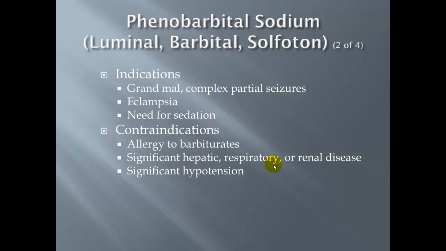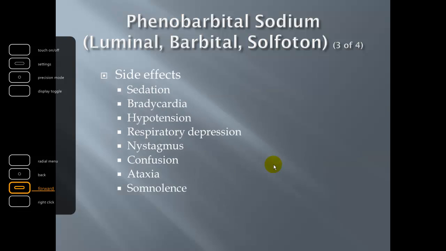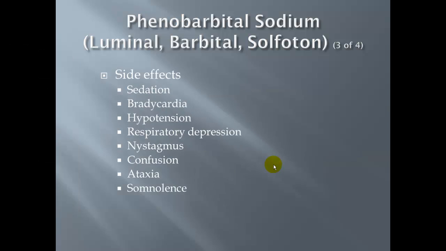Indications: grand mal or complex partial seizures, eclampsia, need for sedation. Contraindications: allergy to any barbiturates, significant hepatic, respiratory, or renal disease, and significant hypotension. Side effects on this: sedation, bradycardia, hypotension. Long-term use of this will probably lead you to a vasopressor faster than you would like.